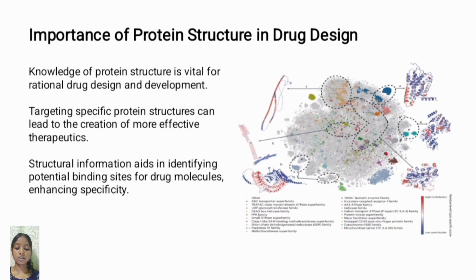Importance of protein structure in drug design. Knowledge of protein structure is vital for rational drug design and development. Targeting specific protein structures can lead to the creation of more effective therapeutics. Structural information aids in identifying potential binding sites for drug molecules, enhancing specificity.